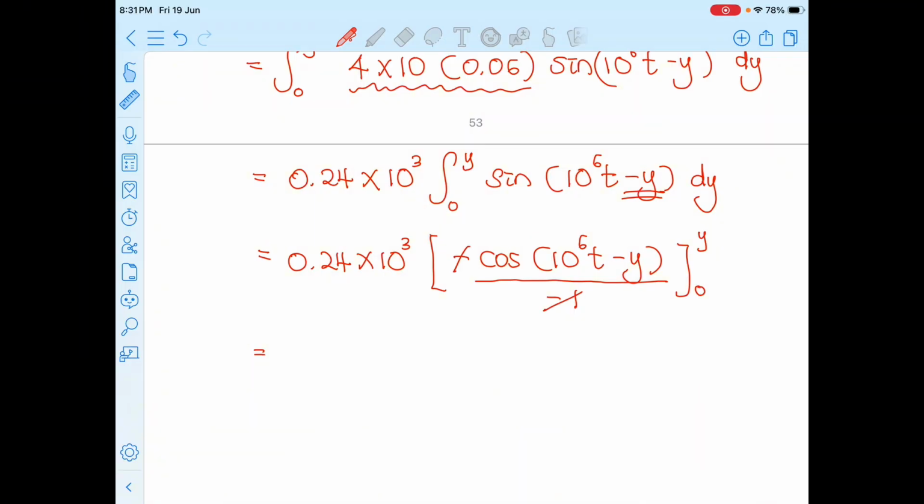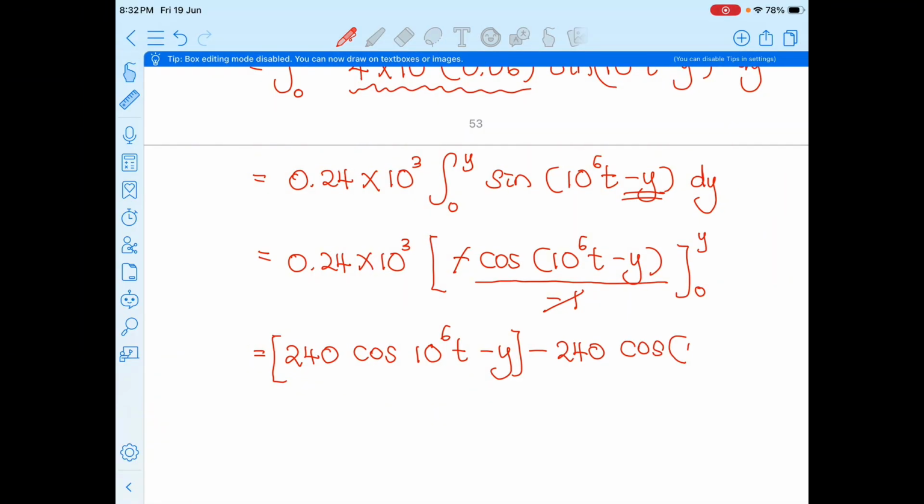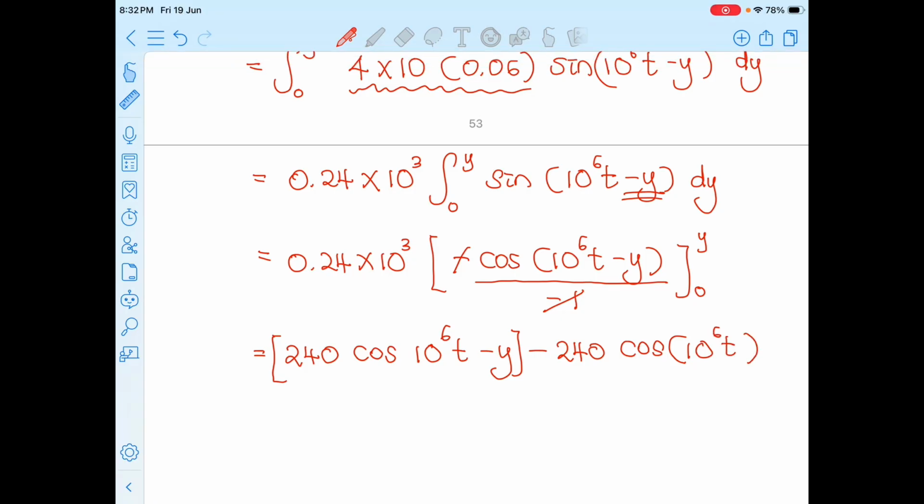So the negative will be cancelled out. If I combine and expand it, it will be 240 cos 10 power 6t minus y, minus 240 cos 10 power 6t without y, because the y we replace with 0. So this one will be your transformer EMF.